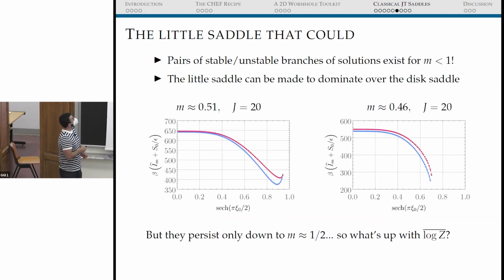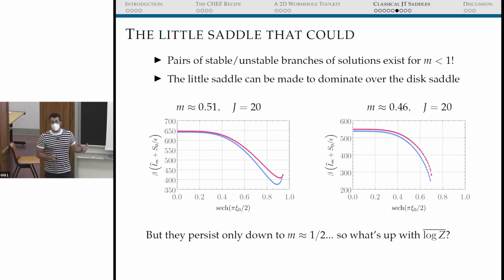The bad news, or well, not necessarily bad news so far, is that these saddles don't continue below m equals 1/2. There's a very rich and complicated behavior of the JT action for m smaller than 1. This is something we've investigated a bit more exhaustively, but which I'm not going to delve into much here.